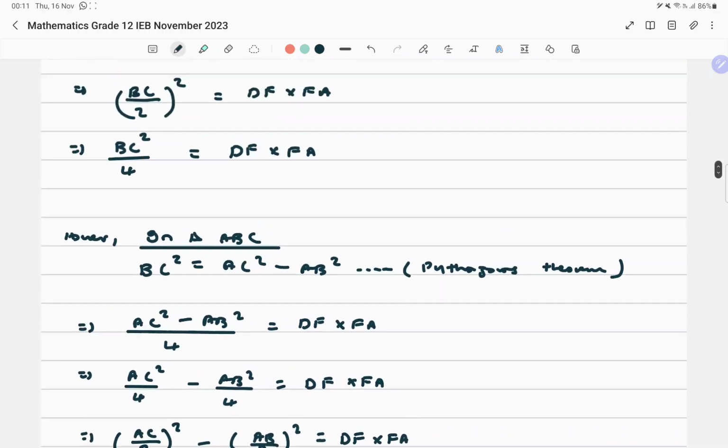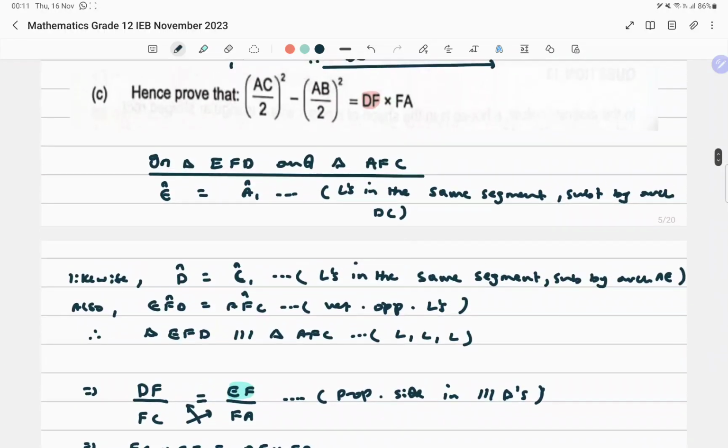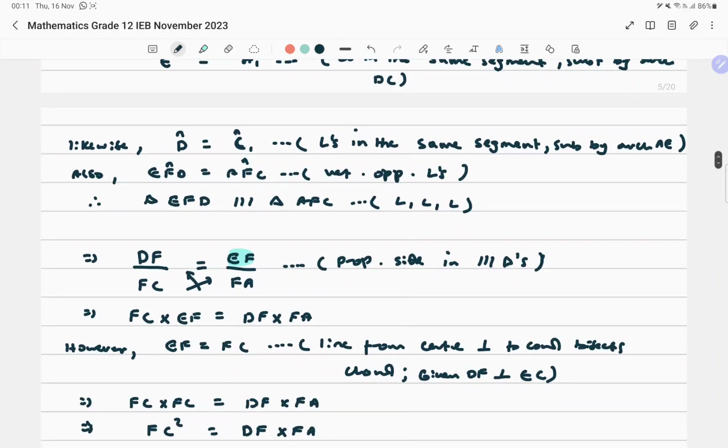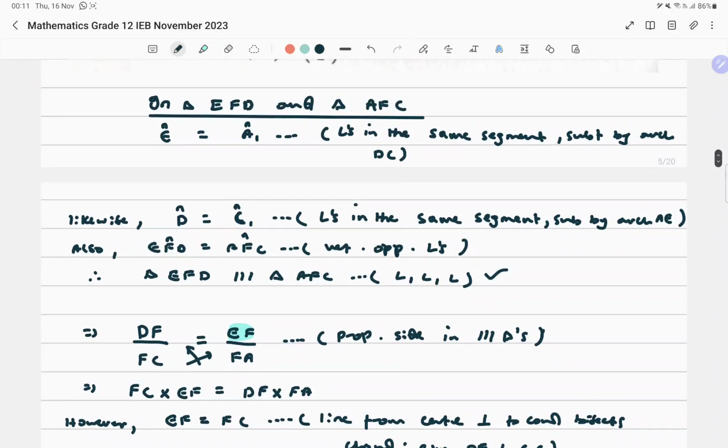So guys, I don't know how many marks this question was worth, because it was wow. But what I can say here, minimum, I would give a mark for proving that similarity, and maybe for these two statements that have the same reason, I give you 1 mark.